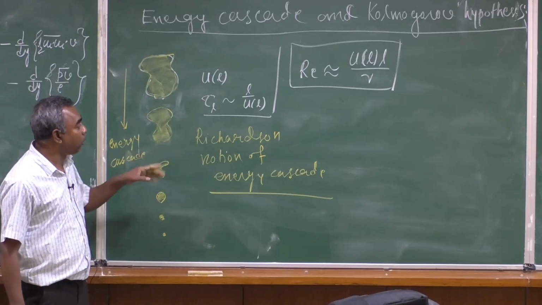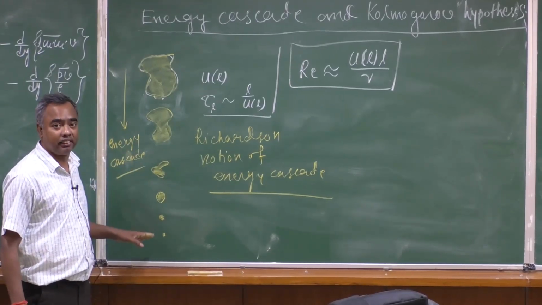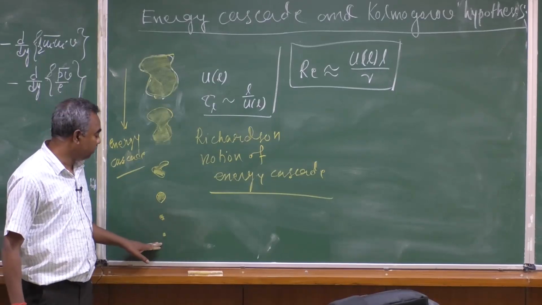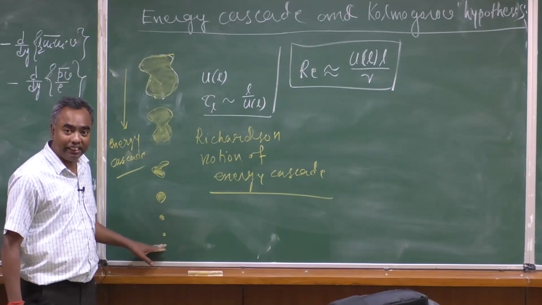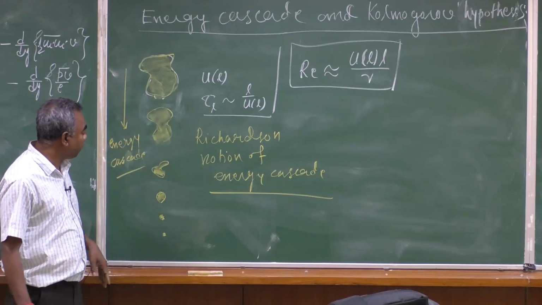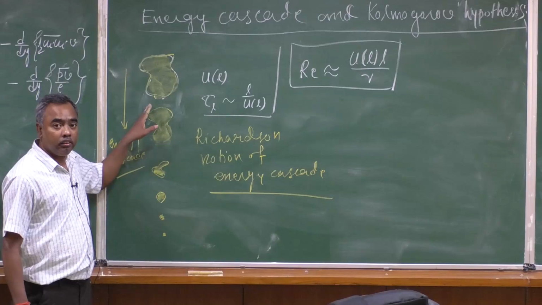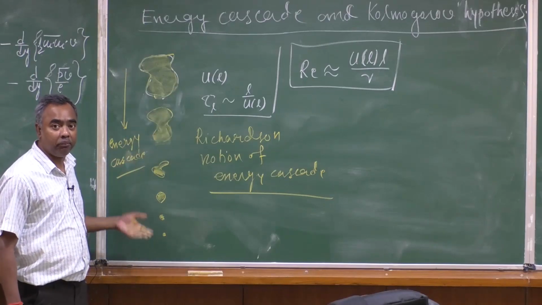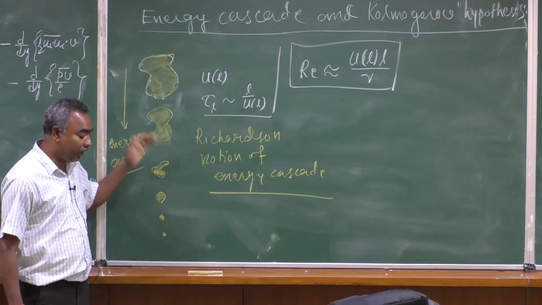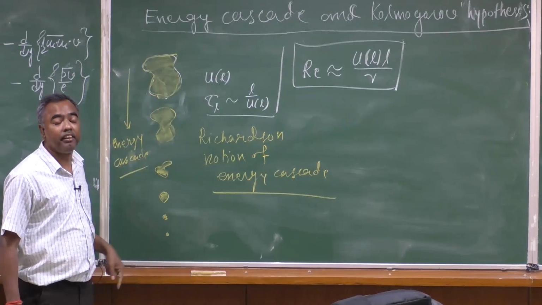So, Kolmogorov then came into the picture and he quantified this: what should be the smallest scales where the dissipation happens, as well as the velocity scale, how it should vary, whether it should reduce or increase, as the length scale is decreasing.